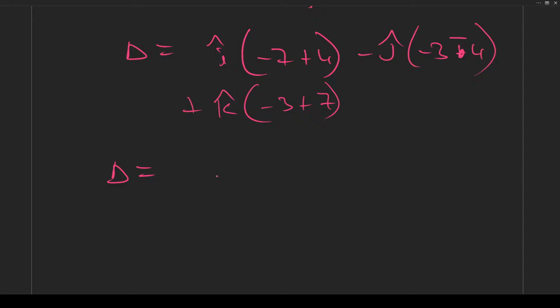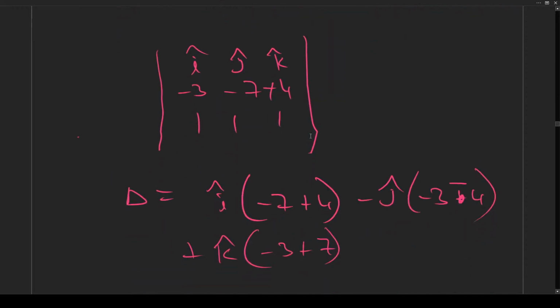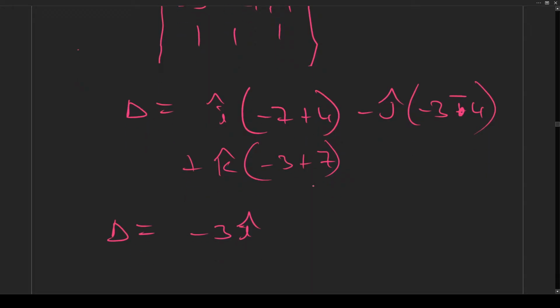which is equals to minus 3 I cap, wait a second, this is not minus 3, this is minus because I forgot to change it before, so it is minus 11 I cap plus 7 j cap plus 4 k cap.